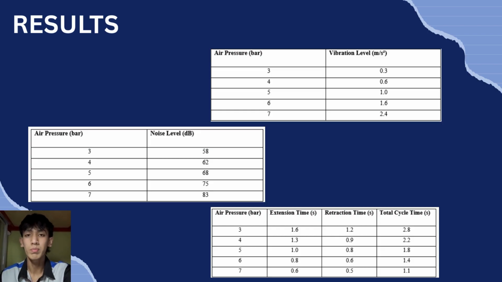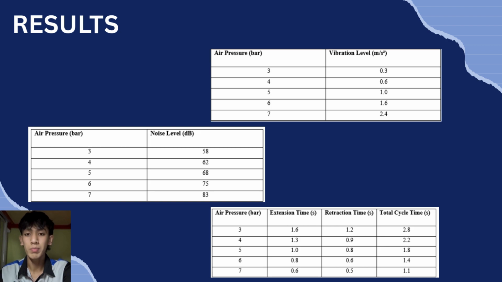Experimental testing was performed by operating the machine at different pressure levels. The result shows that increasing air pressure increases both impact force and cylinder motion. However, operating at excessively high pressure leads to increased vibration and noise.